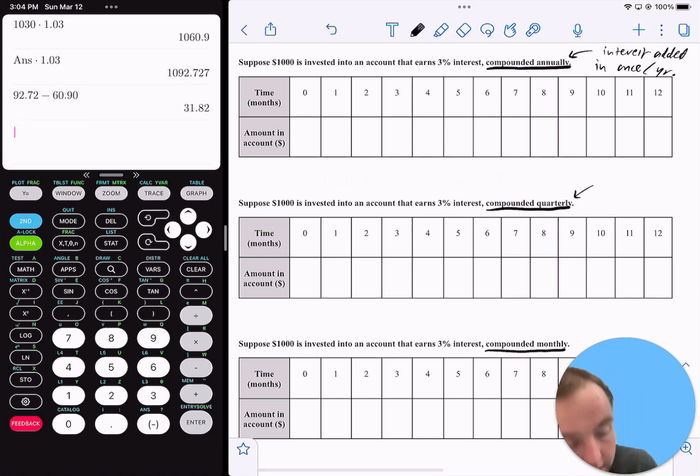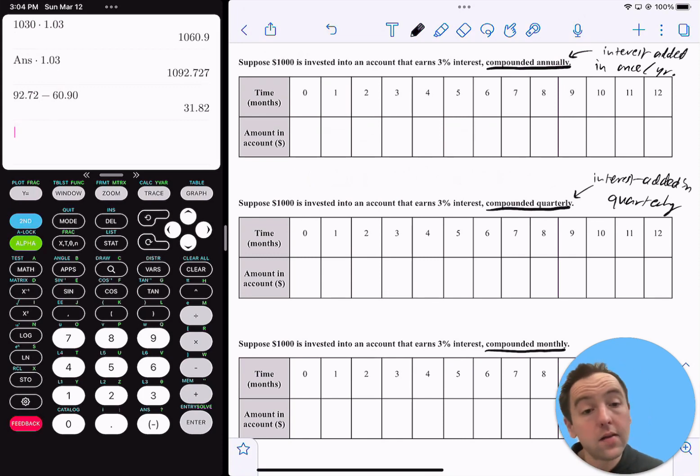So if it's compounded quarterly, what that means is interest is going to be added into the account on a quarterly basis. So there are 4 quarters in a year, so that means 4 times during the year there will be interest added to your account, basically every 3 months. And so similarly, if it says it's compounded monthly, then on a monthly basis, interest will be added into your account.